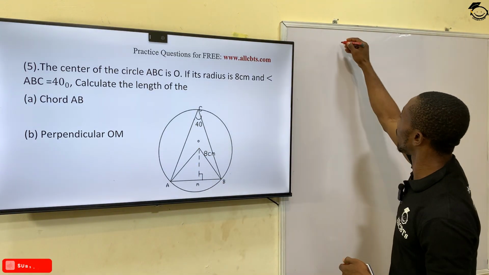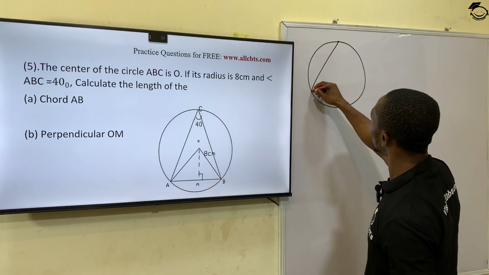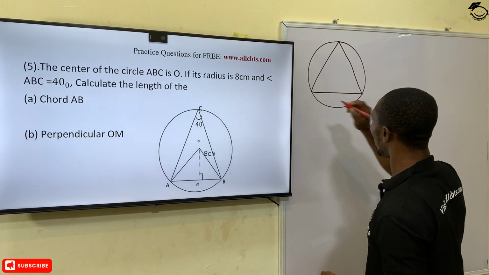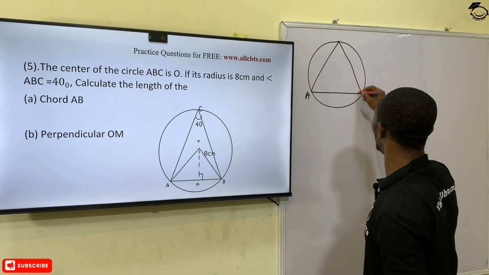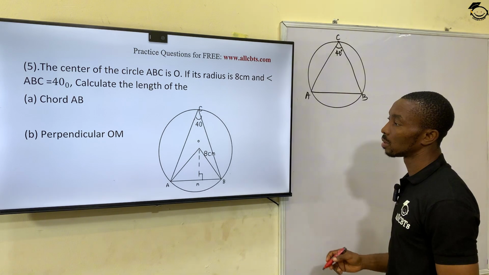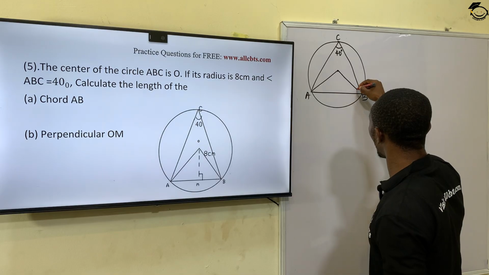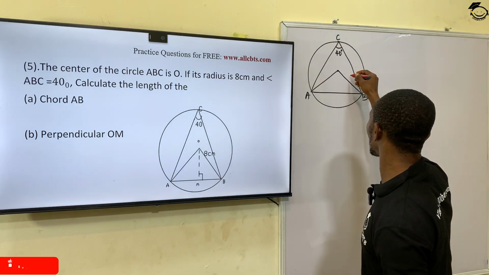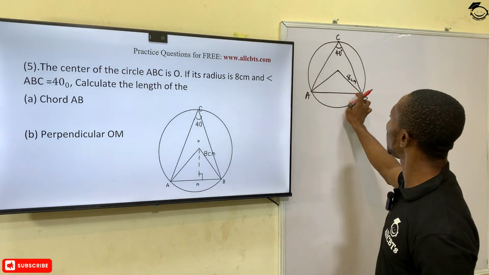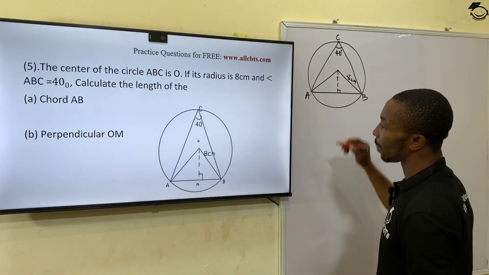So in this circle, we have A, B, and C, and we are told that angle C is 40 degrees, with center O. We have our radius as 8 cm. Now, we have to calculate the chord AB, bearing in mind that this is a perpendicular M.